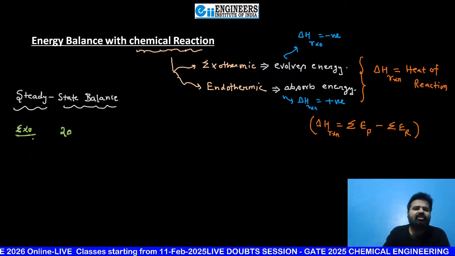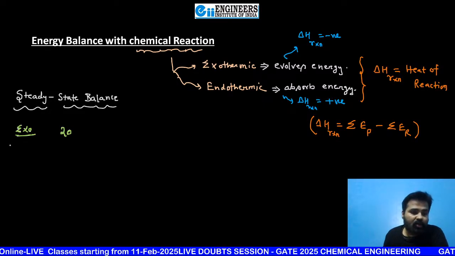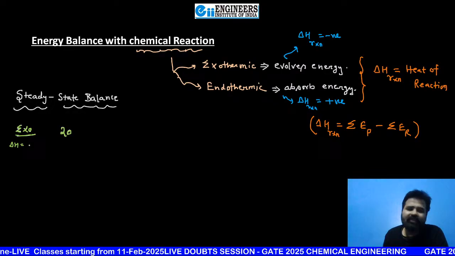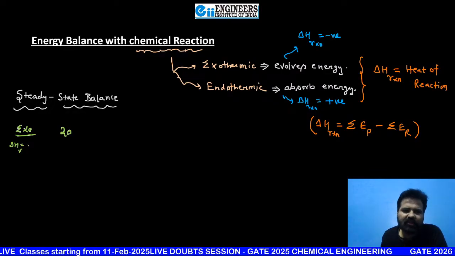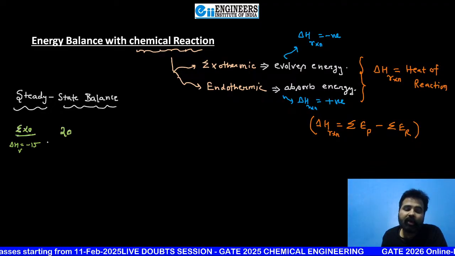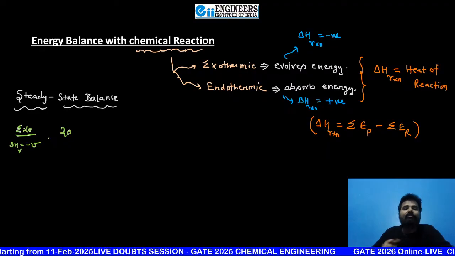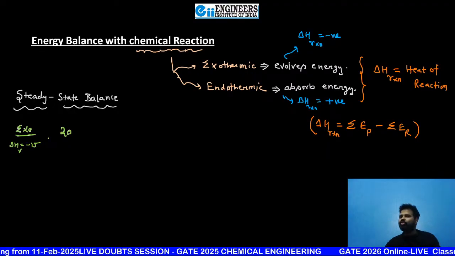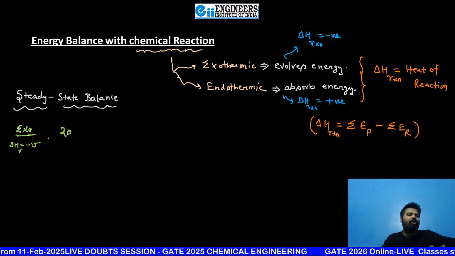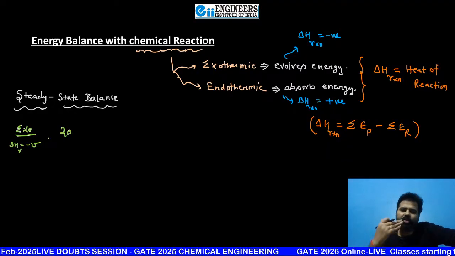Suppose delta H of reaction is given in the same unit as minus 15. Then you are giving 20 from outside, and this evolved energy is going to support your input, or not?